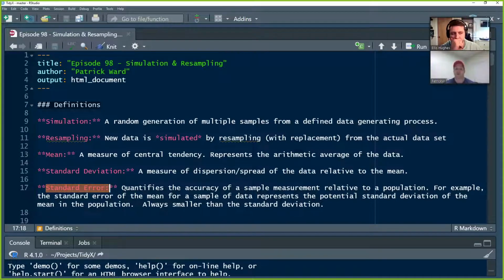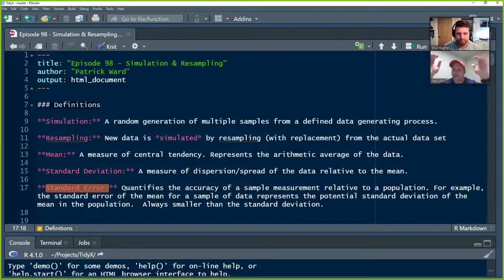So if you think about it like this, our standard deviation is a representation of the dispersion or spread within the sample. The standard error is a standard deviation, but it is the standard deviation of the means within the population. So basically what we're trying to infer here is we're saying we have this sample data set, and from that data set, we have observed this certain level of dispersion.